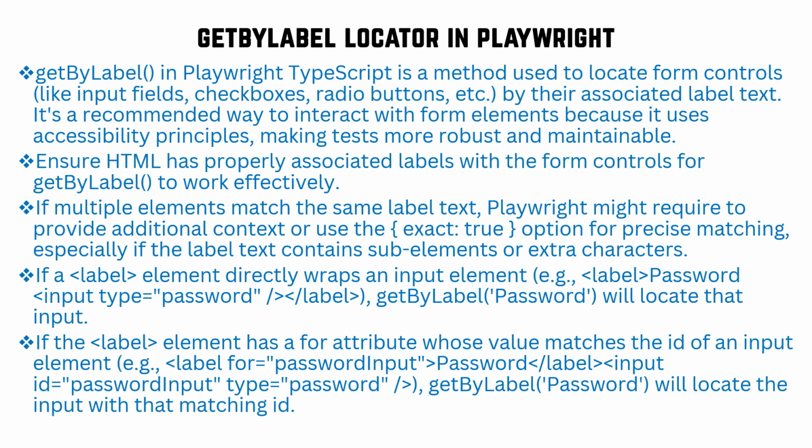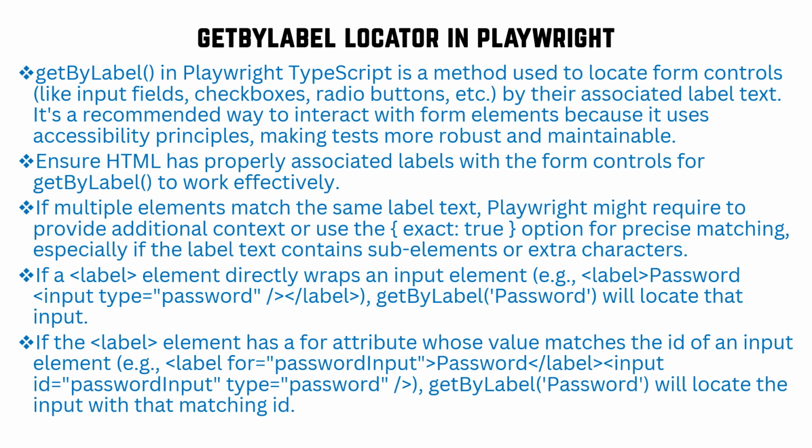This method provides a stable and reliable way to target elements in the test, especially when other selectors like CSS classes or IDs might be dynamic or less consistent. It is easier to update tests when the UI changes, as long as the data-testid attribute remains consistent. Using get by test ID is recommended when an element cannot be located by its role or text or other attributes. So this is the way you can use the 7 key locator strategies.